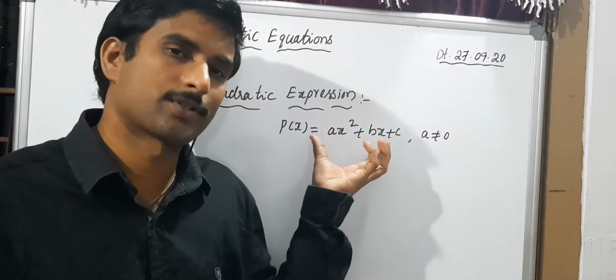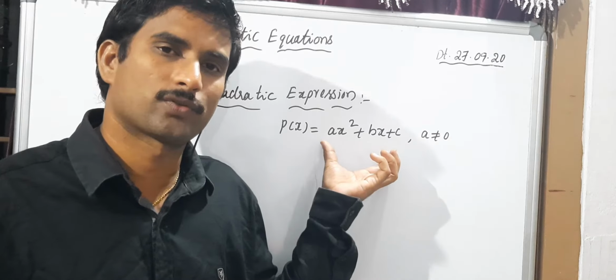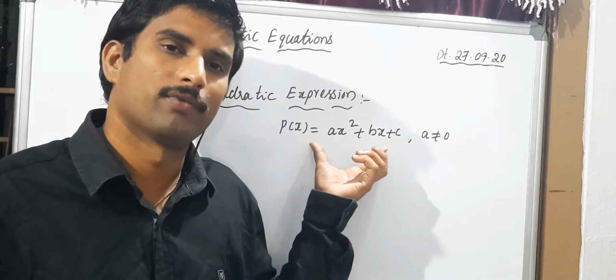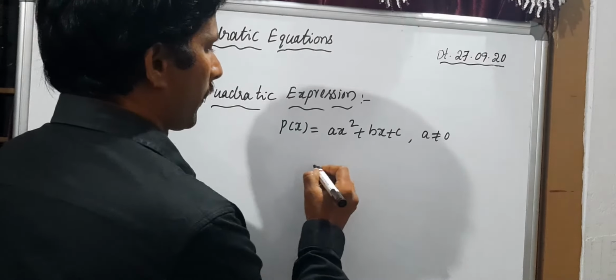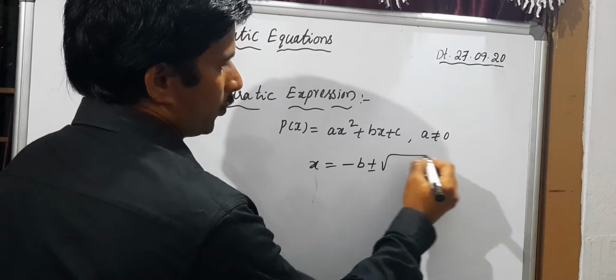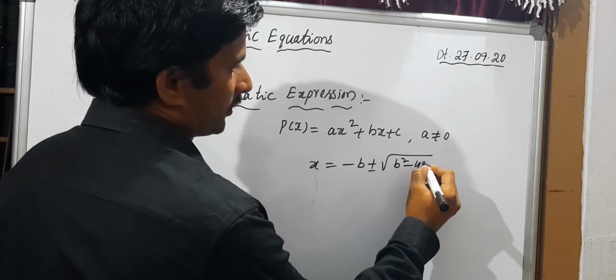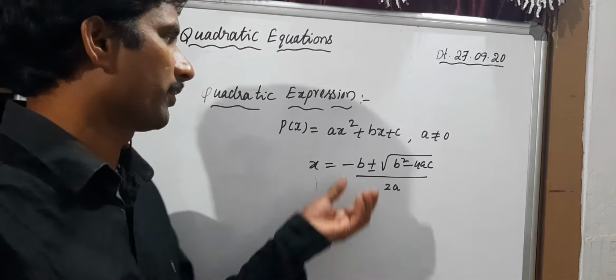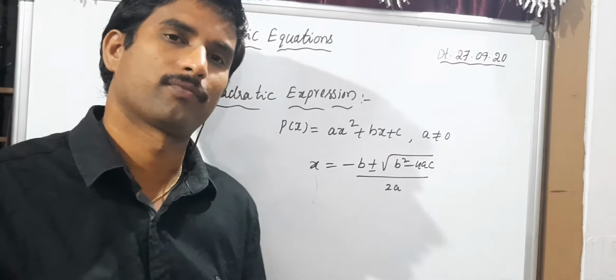It has two zeros, which are minus b plus or minus root over b square minus 4ac, by 2a.